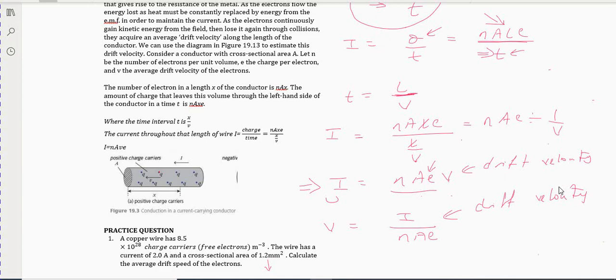Okay, so this is what we're left with, to say that I is equal to N, which is the charge density, times the area times the charge of the electron, multiplied by the velocity of the electrons.